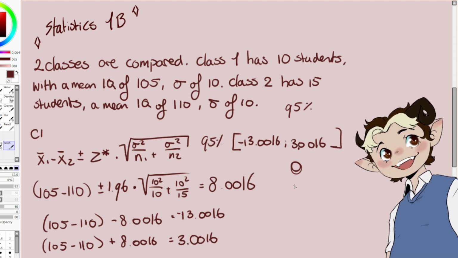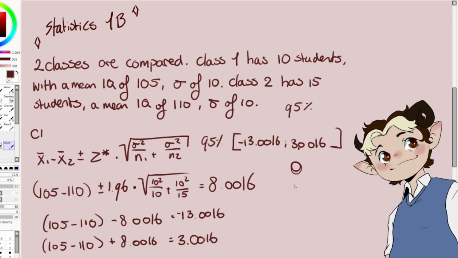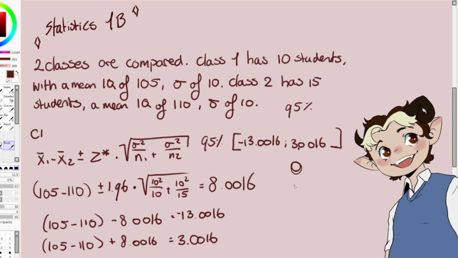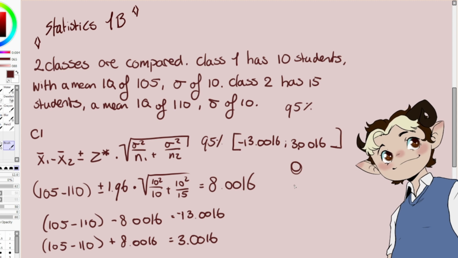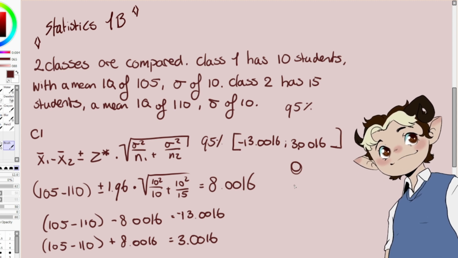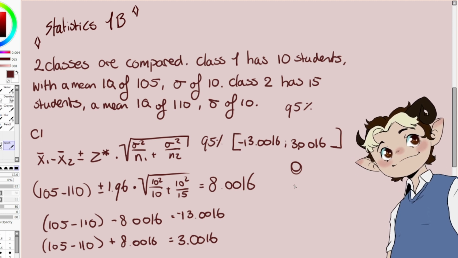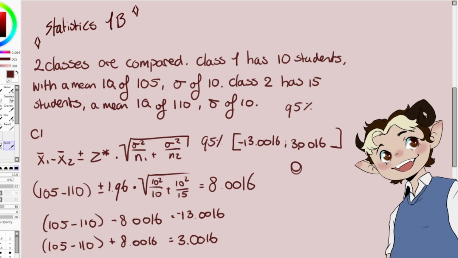The same thing with the confidence interval: if you know that the 0 falls in your confidence interval, there is a chance that there is no difference between these classes. But that is the basics of the 2 sample.